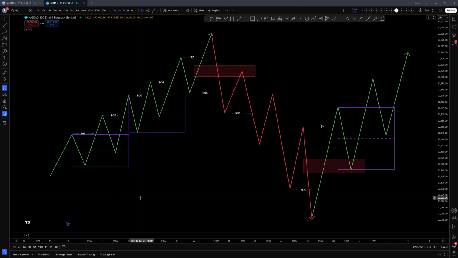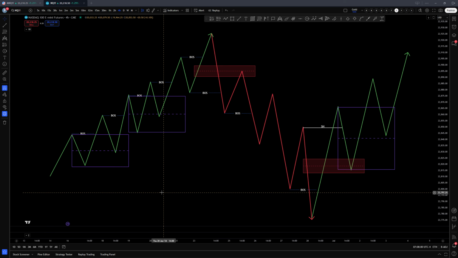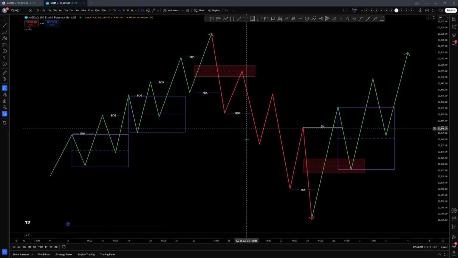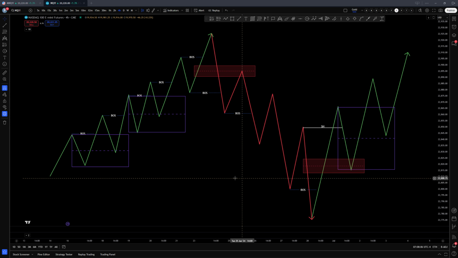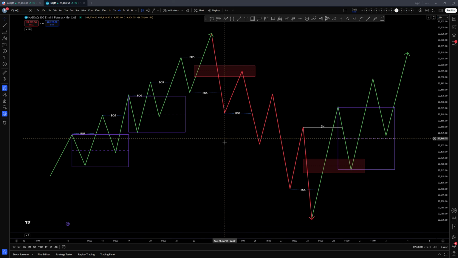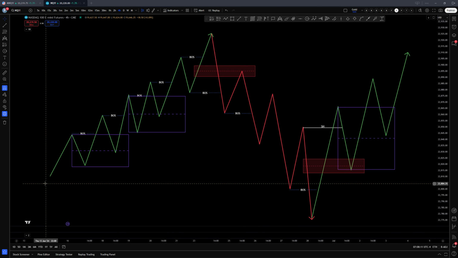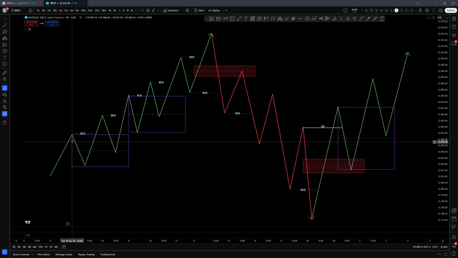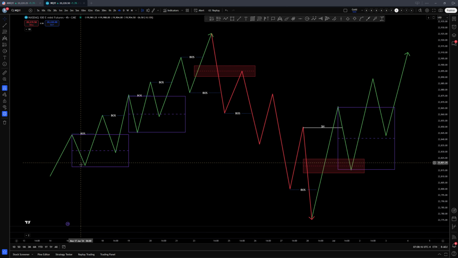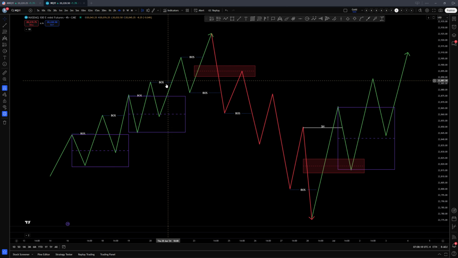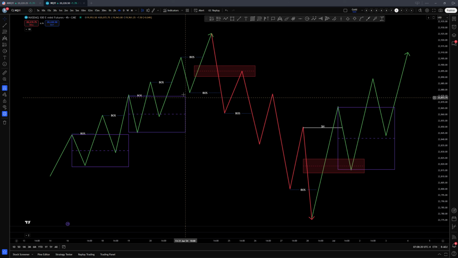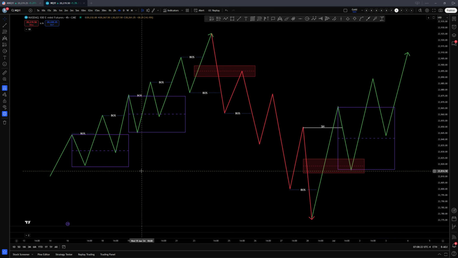Okay, so here we can see a diagram combining all of the concepts we've learnt so far into one overview of external market structure and how it moves. So we've got our series of expansions and pullbacks in our uptrend, higher highs and higher lows.